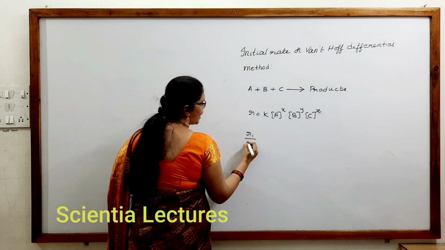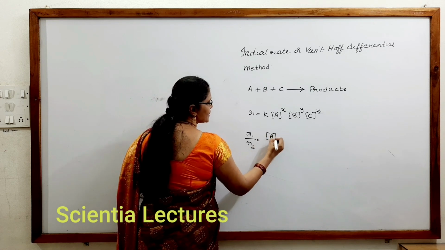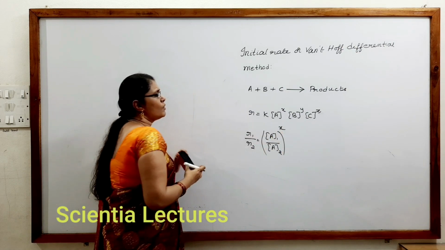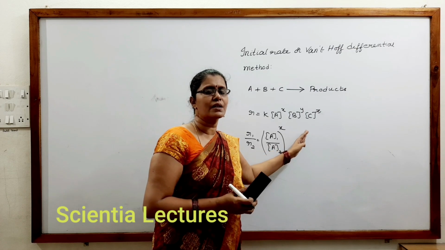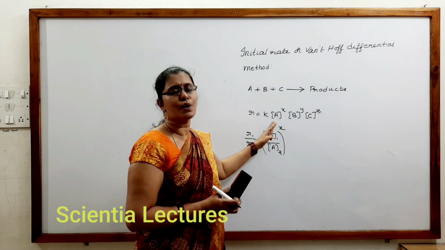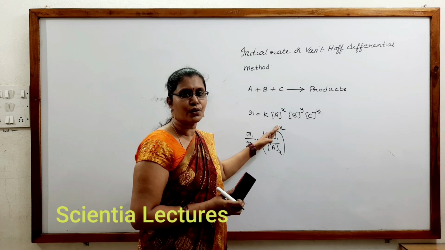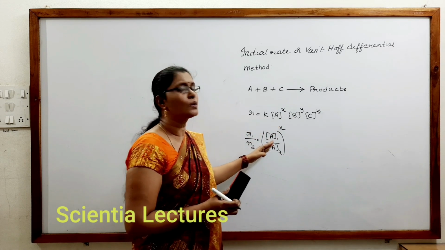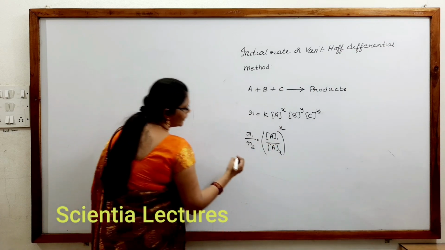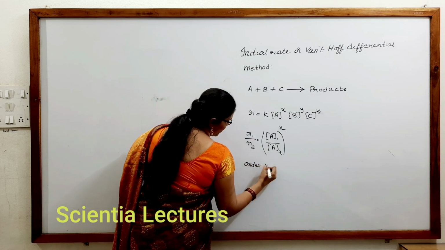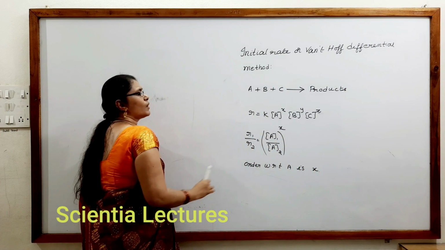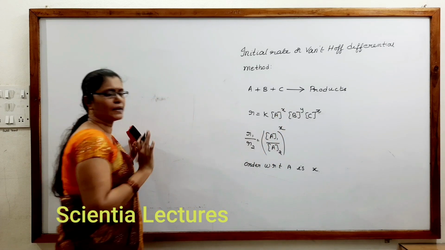So R1 by R2 must be equal to concentration of A1 by concentration of A2 to the power of X. When B and C are in excess and their change in concentration does not influence the rate, we check only the change in concentration of A, initially and after some time, to the power of X. So order with respect to A is X. Order with respect to B we took Y. Order with respect to C we took Z.